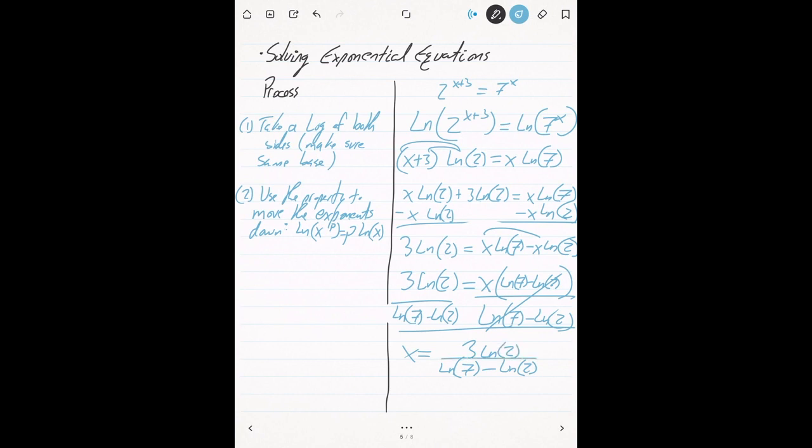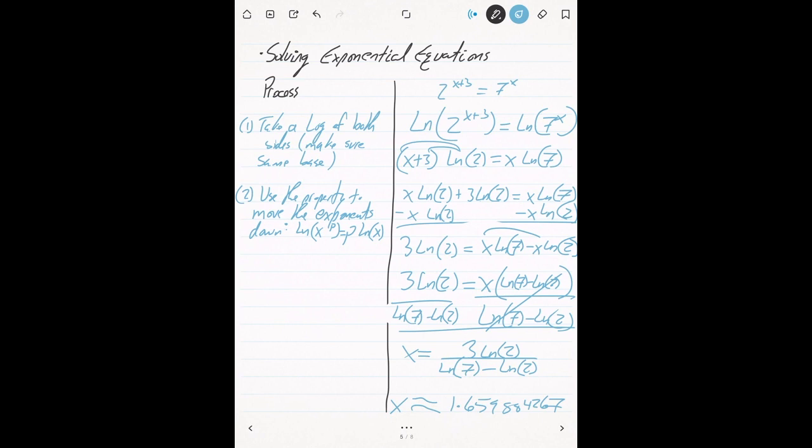This is what x is equal to. So go ahead and actually type this in your calculator and see what you get. I'm going to take 3 times the natural logarithm of 2, and I'm going to divide that by, I'm going to try to put this in brackets, the natural log of 7 minus the natural log of 2. I'm getting x is approximately 1.659884267. Something like that. And sure enough, that's what my x is going to be.